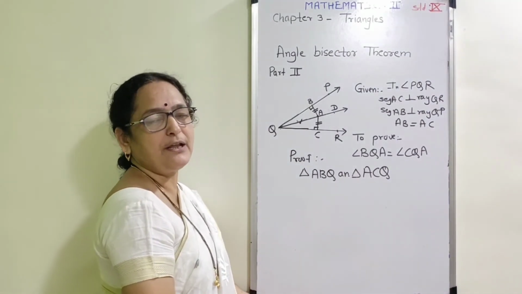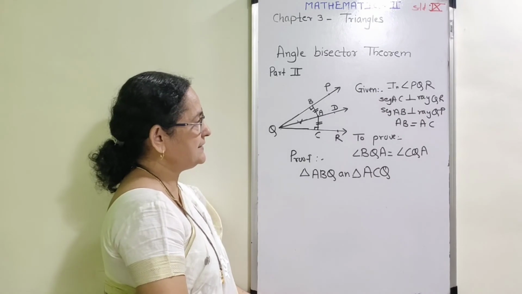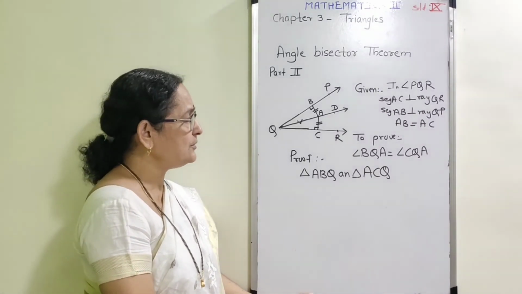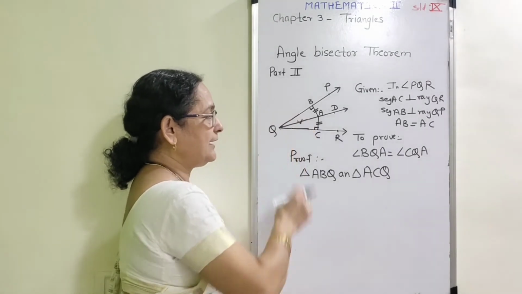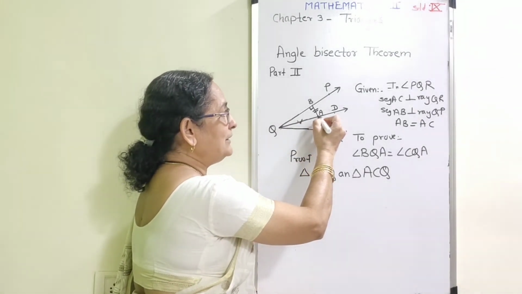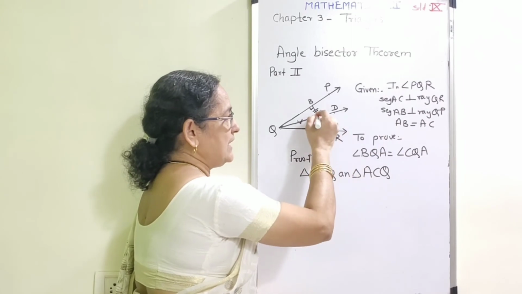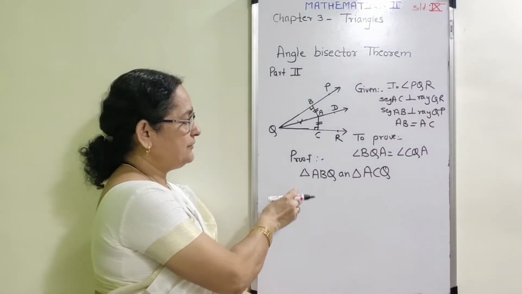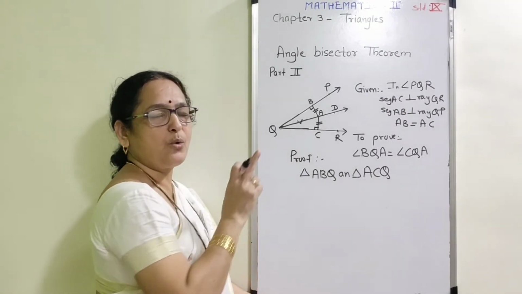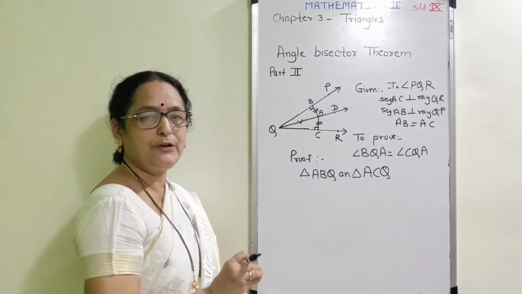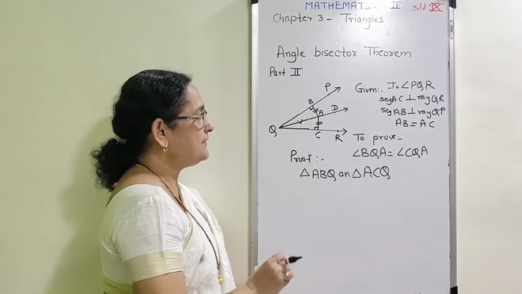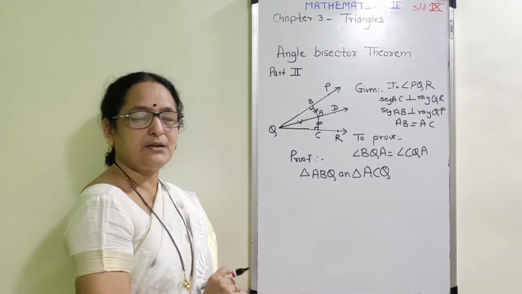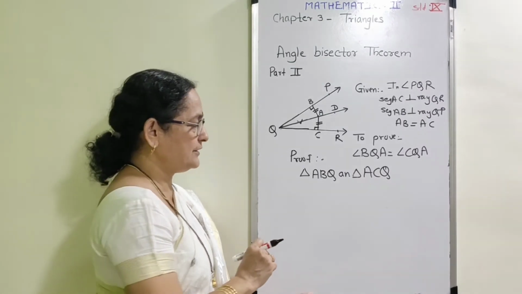QA is the hypotenuse of both right angle triangles and it is a common side, and therefore hypotenuse is congruent in both the triangles. Now we need another pair of side, that is, already they have given that AB is congruent to AC, and therefore these two triangles are congruent to each other by hypotenuse side test, and therefore these two angles are congruent to each other, which are corresponding angles of congruent triangles.